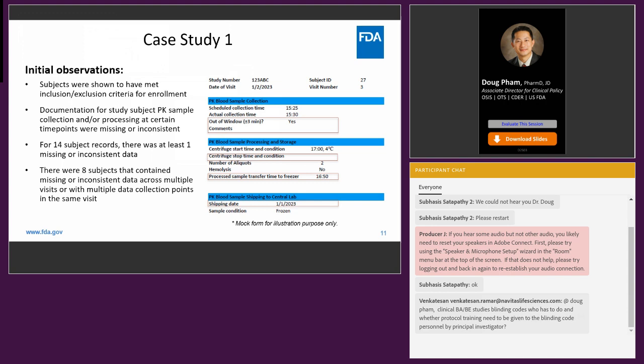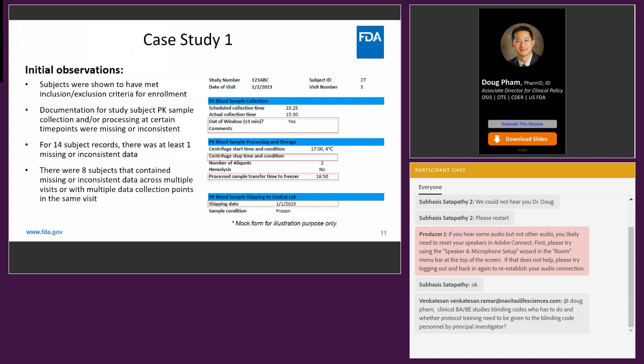For 14 subjects, there was at least one data element missing. For 8 subjects, there were multiple missing data elements within either a single visit or the same data element across multiple visits. The pictorial to your right here demonstrates some examples.